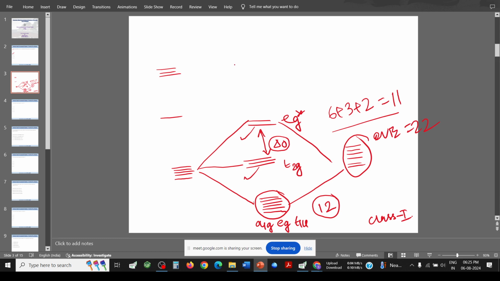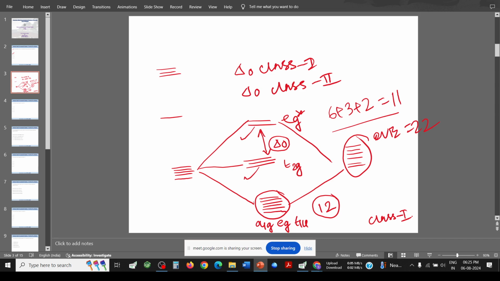Yes, for 4d and 5d delta O. So if I write delta O class 1 and delta O class 2, which will be greater? Delta O for class 2, because 4d and 5d always have strong field ligands. No, we are not discussing the ligand effect.